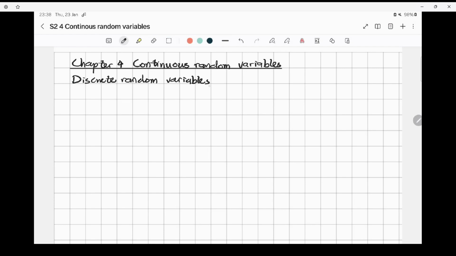so what do we know about discrete random variables? Basically, we know that, for example, if you have a binomial distribution, you are given two parameters, and if let's say you are given the Poisson distribution, you are given one parameter.